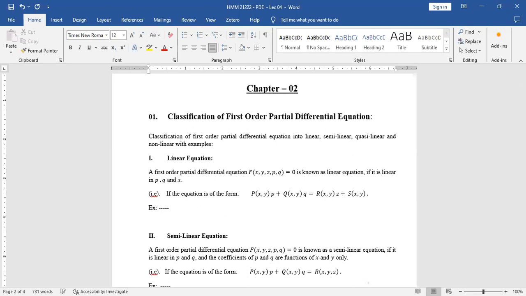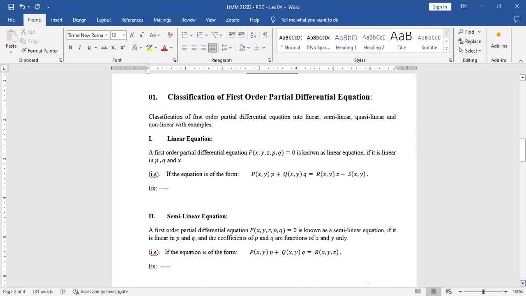Chapter 2 is about the classification of first order partial differential equations. They can be divided into linear, semi-linear, quasi-linear, and non-linear.